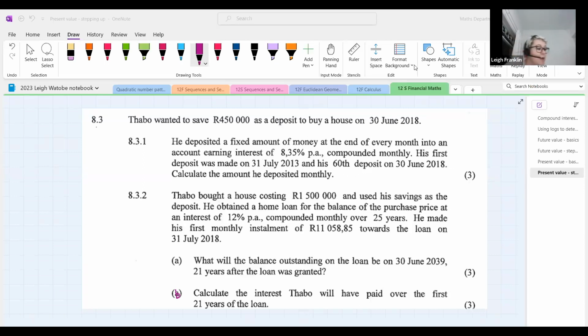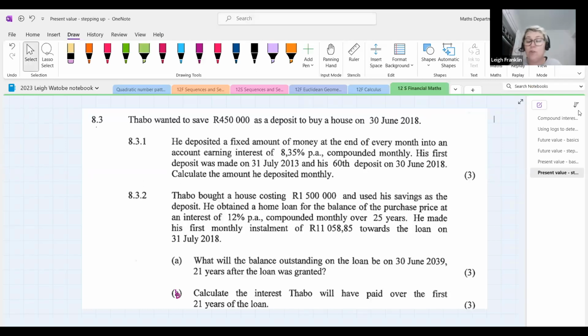Now, first questions first. What formula are we going to use for 8.3.1? Future value. Good, because he's trying to save money.